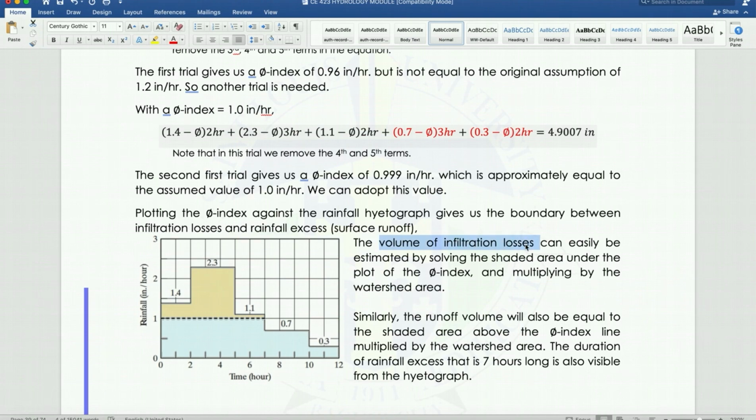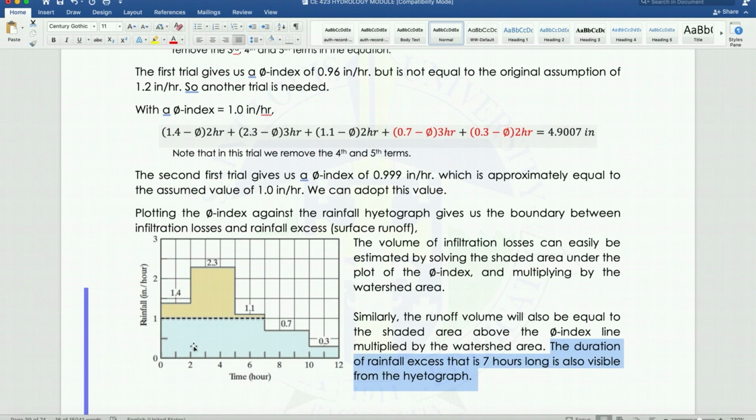Okay? So, ganun din sa ating surface runoff or runoff water. So, it is the area of the shaded above the phi index, then multiplied by the area of the watershed. Then, the duration of the rainfall excess that is 7 hours long is also visible from the hyetograph.